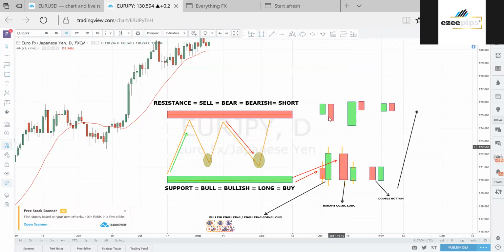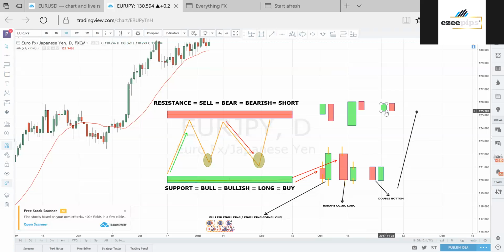What do you see here? You see small green, big red, big green, small red, and candles of the same body size. They open and close at the same exact space, right? What do you call these candles?